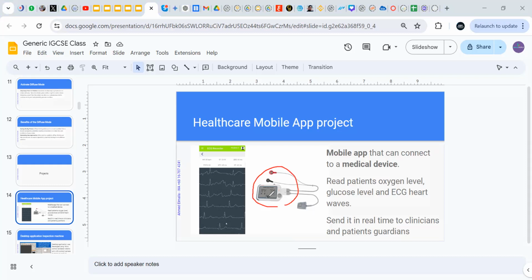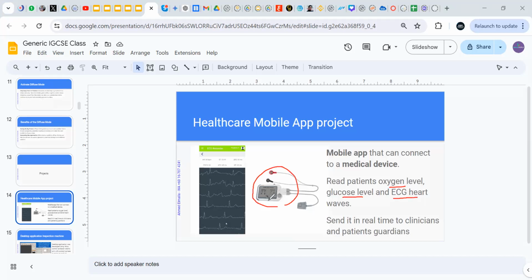It can measure the wave of the heart, and it can also check other medical things like oxygen level and glucose level, and it can also make ECG.